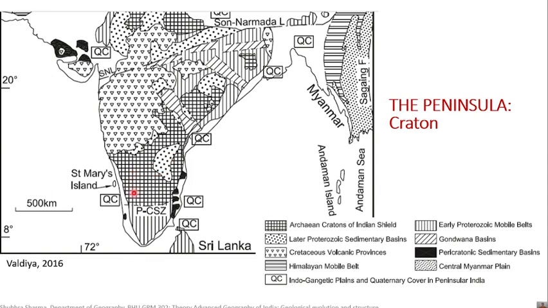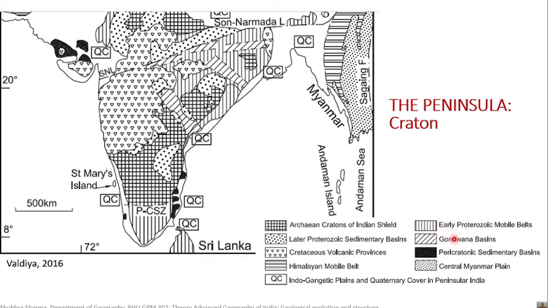And they are Archean cratons, as you can see in the legend also. Now, Archean refers to the time period. You can refer to the geological time scale; they are about 4.5 to 2.5 billion years old. And of course, surrounding the margins of these cratons here, we have the early Proterozoic mobile belts.